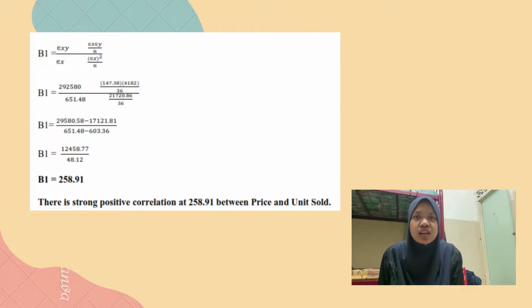After calculating, we got r equal to 258.91, from which we can conclude there is a strong positive correlation at 258.91 between price and units.